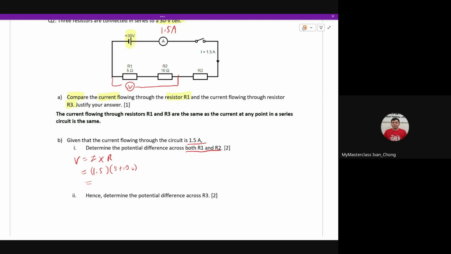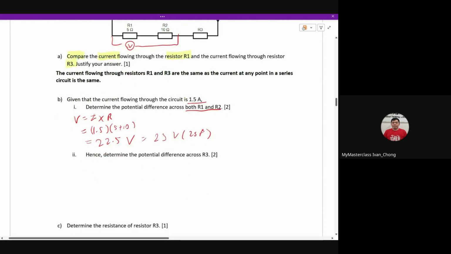So all you need to do is press the numbers and end up with 22.5. Then if you want to play it safe, because everything is 2SF, you can also use 2SF, but this is kind of unnecessary.